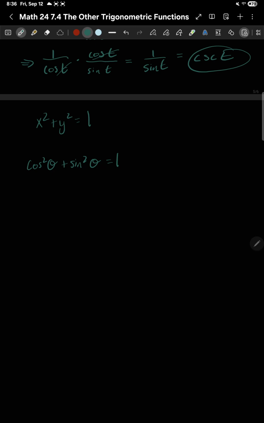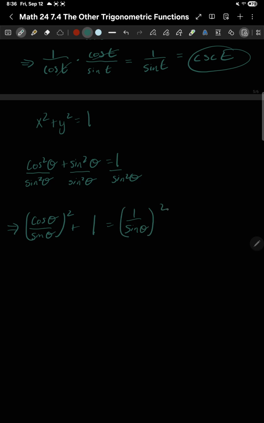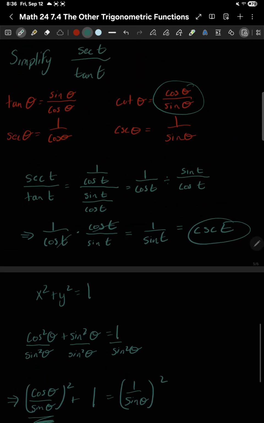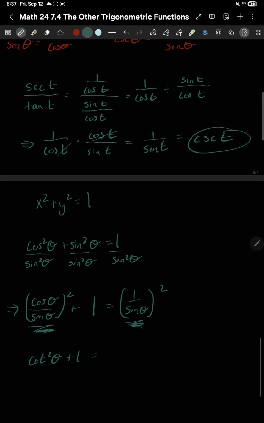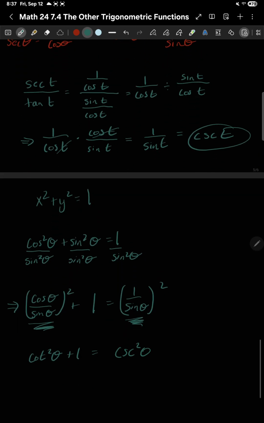Once we have this trig identity, if we divide everything by sine squared, this gives us a new identity: cosine squared theta over sine squared theta plus sine squared over sine squared, which is 1, equals 1 over sine squared theta. The first term is really just cotangent, so it becomes cotangent squared of theta plus 1 is equal to cosecant squared theta.